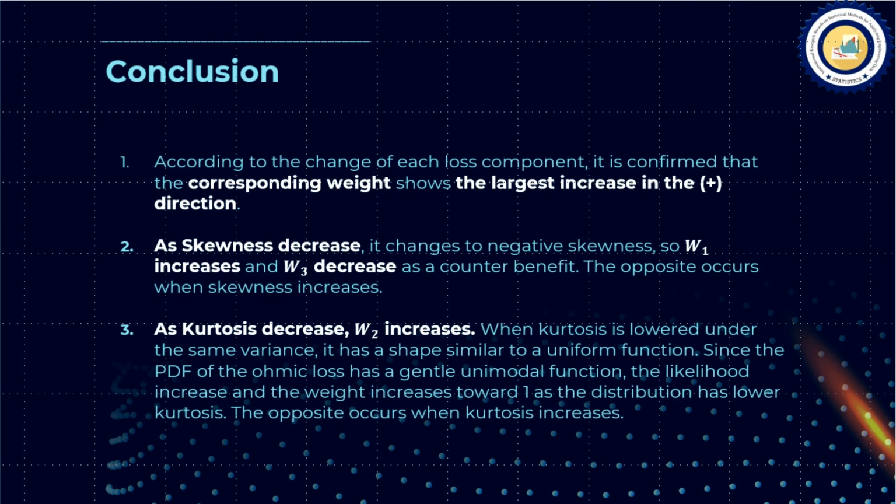Since the probability density function of the ohmic loss has a unimodal shape, the weight increases toward 1 as the distribution has lowered kurtosis, by the definition of kurtosis and the characteristics of the likelihood function used. The opposite occurs when kurtosis increases.